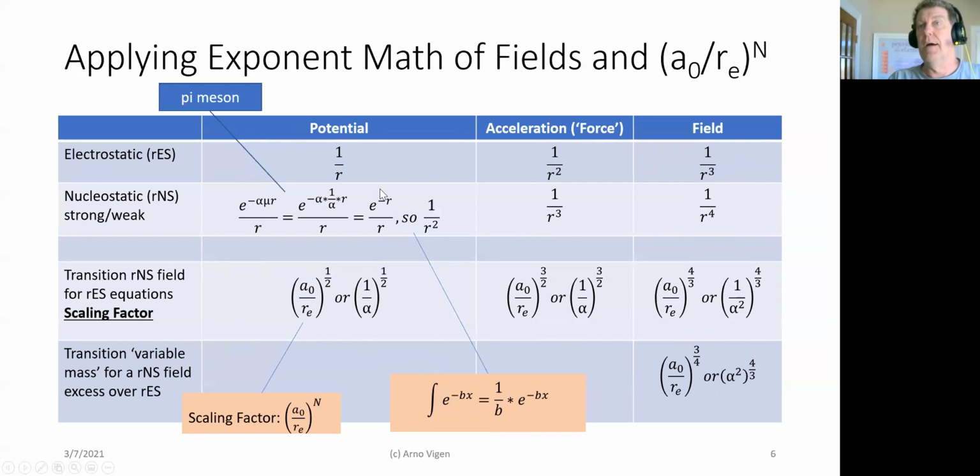So I get down to e over 1 of r, which, if you know the equation of statistical mechanics down here, the integral of it is 1 over whatever that is to itself. So it's a very simple transition. You actually only have to end up with this 1 over b. So that r actually comes down and becomes r squared. Wait, so that means this is r squared, r cubed, and r to the 4th.